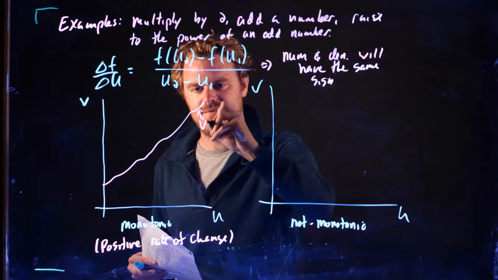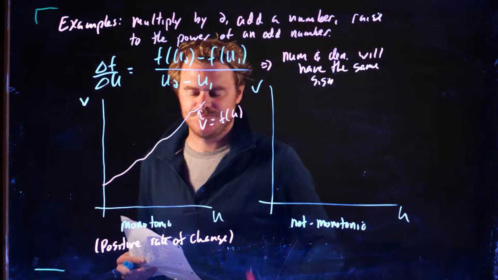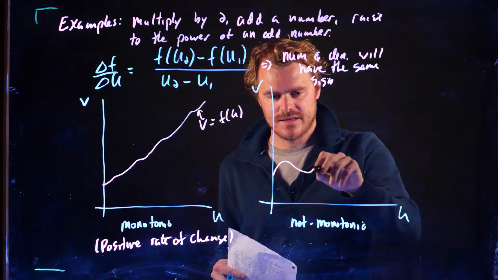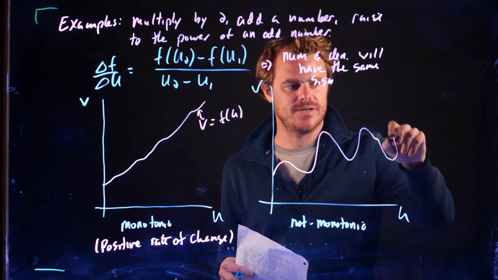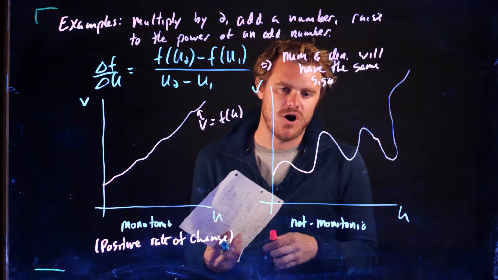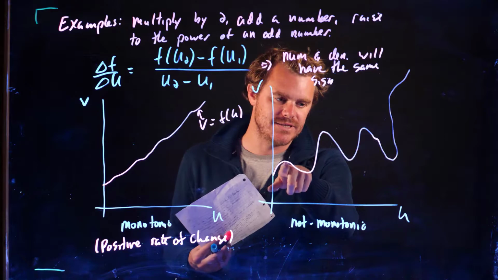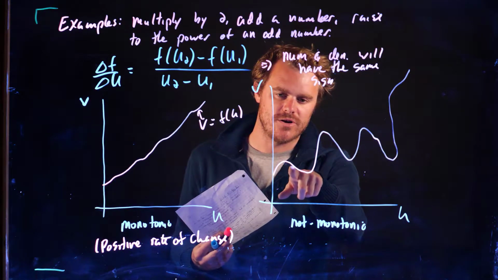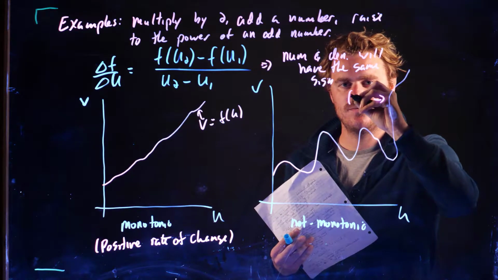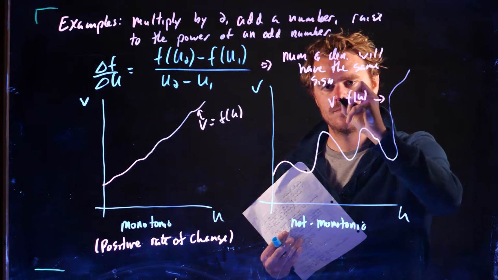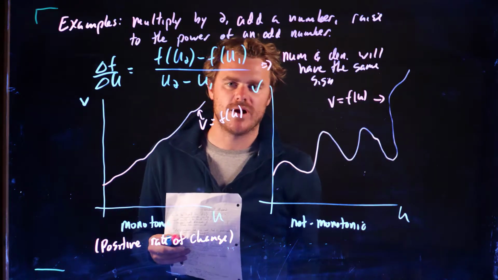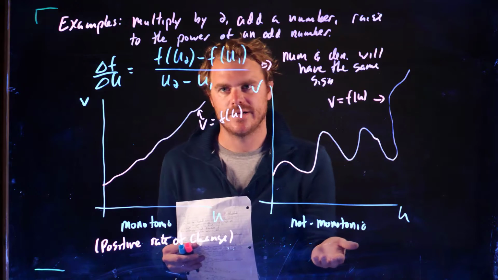Where this is like v equals f of u. If something's not monotonic, it could go up or down. So it's not a positive rate of change for all u's. It could go down, for instance. Going from here to here, this v, which is f of u, is going to go down as u goes up. So this is not monotonic.